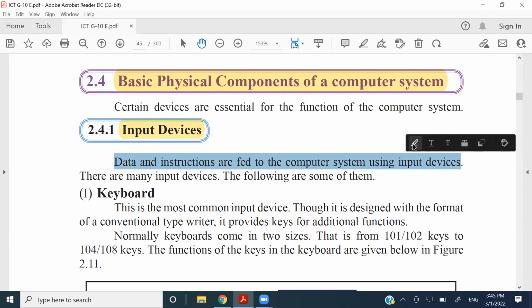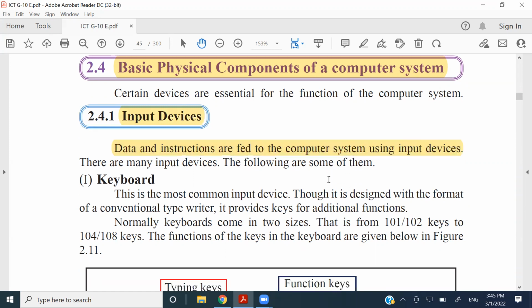And copy down this line as well. It defines what the input devices are.